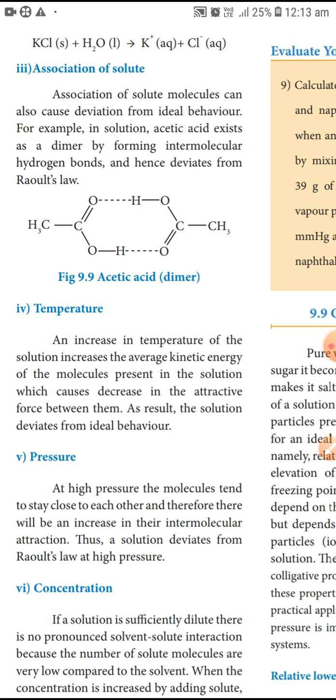Next one, temperature. An increase in temperature of the solution increases the average kinetic energy. When temperature increases, the kinetic energy also increases, which causes a decrease in the force of attraction between them. As a result, the solution deviates from ideal behavior.